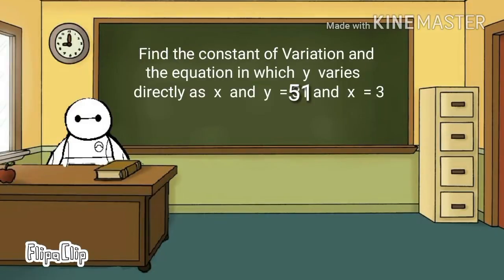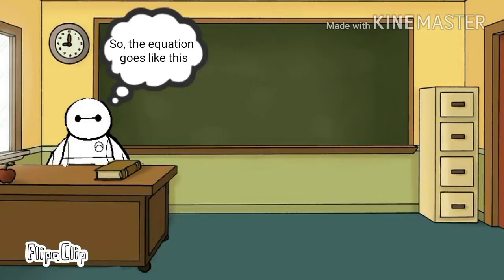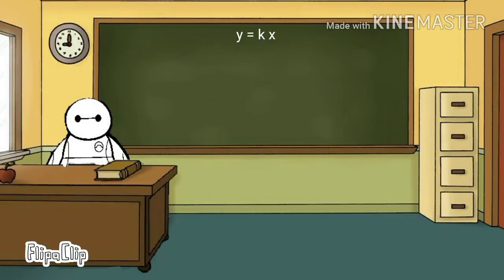For example, find the constant of variation in the equation in which y varies directly as x and y is equal to 51 and x is equal to 3. Your hint that it is a direct linear variation is the line y varies directly as x. So the equation goes like this: y is equal to kx.